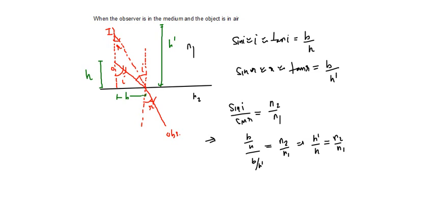So if n1 is air, then n2 is equal to h dash by h.